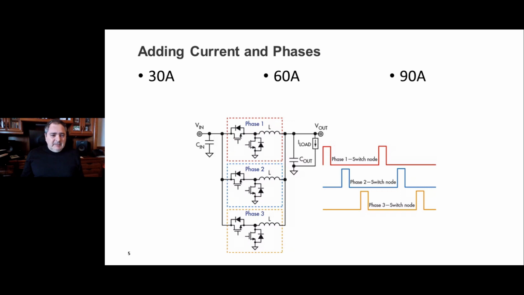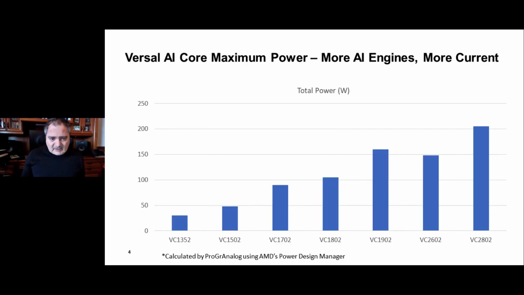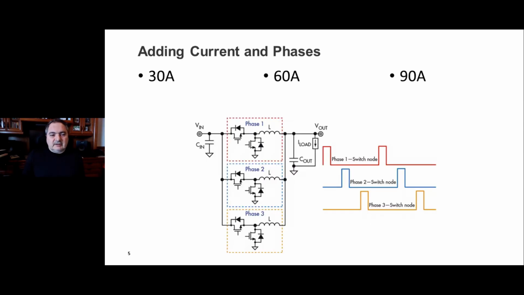So in the previous slide, I think we calculated, let me just bounce back. Yeah, it looks to be peaking just north of 200 amps. And that's what the PDM told us. But we need to design a power management solution for greater than 200 amps because we want some design margin, and we need to set an OCP that's higher than the worst case current event.